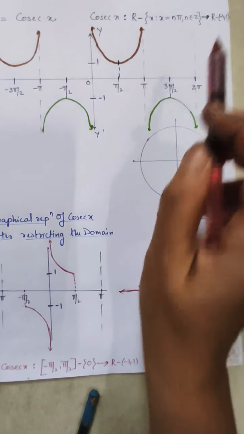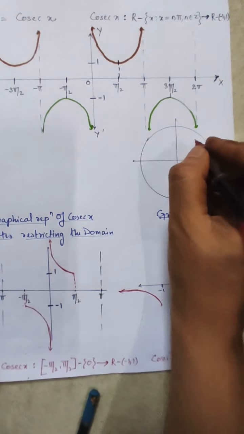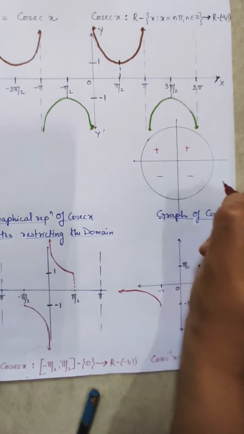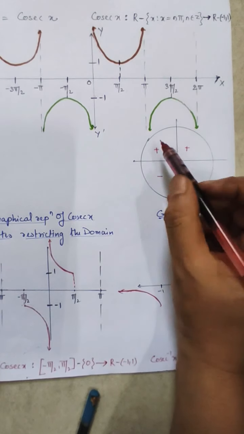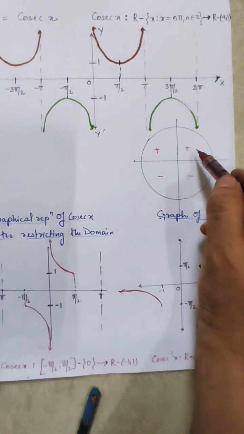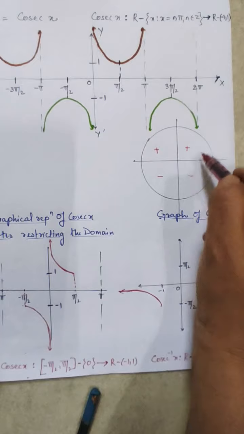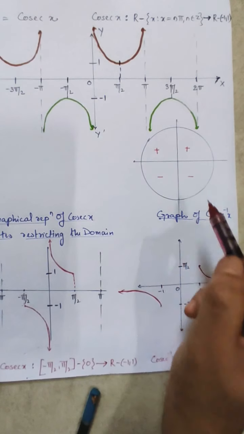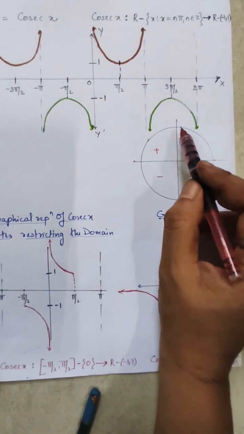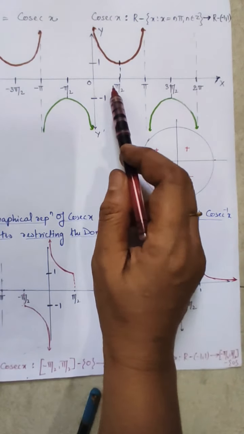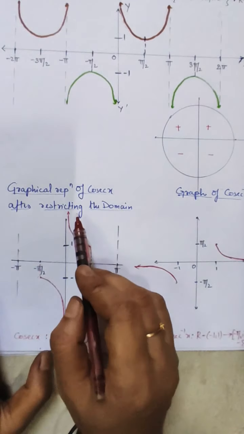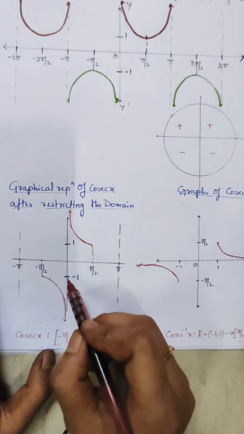Now you know that cosec is positive in the first and second quadrants and negative in the third and fourth quadrants. It works the same as the sine function does. So what we have taken for the principal value for the sine function, the same will work for cosec. Only we will be removing 0 radian, because at 0 radian we don't have any value.